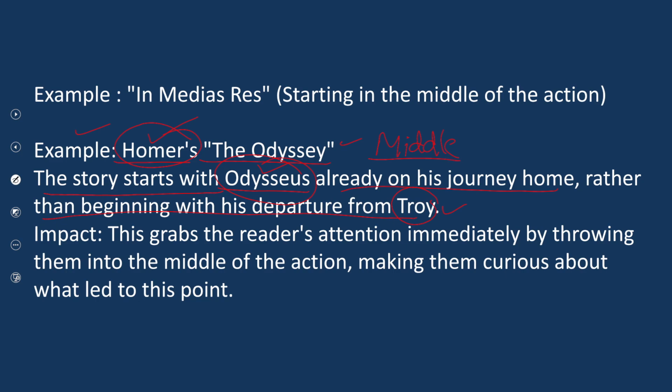Now, if a story is starting from the middle, this leaves the reader curious about what happened before and what is going to happen next. So this creates excitement and curiosity. Now let's talk about the impact.